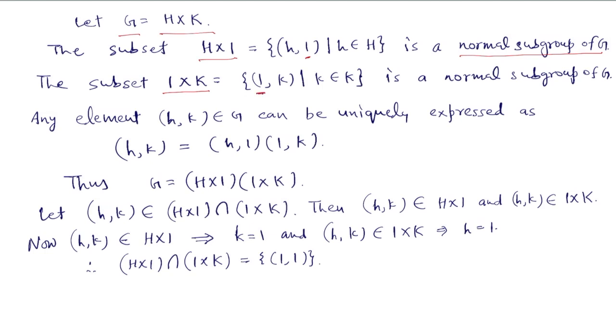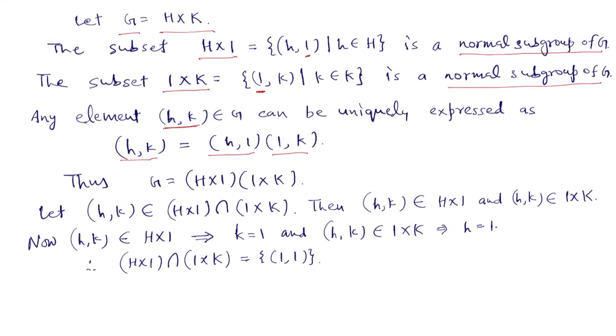This is also a normal subgroup of G. Another thing is that if we take any element (h, k) of G, then we can write it as a product of one element of H cross 1 and an element of 1 cross K. And we can also check that this expression is unique. So G becomes the product of these two normal subgroups, H cross 1 and 1 cross K.